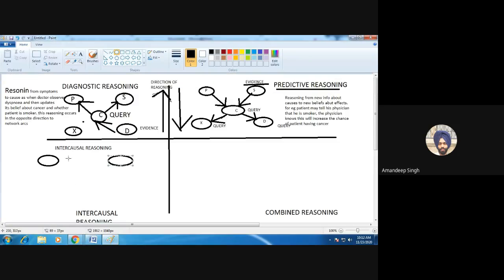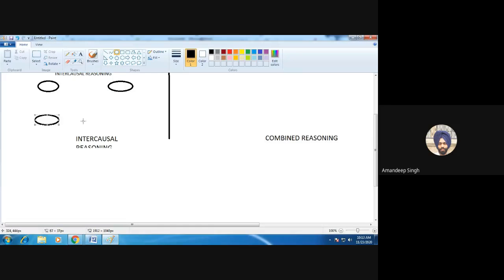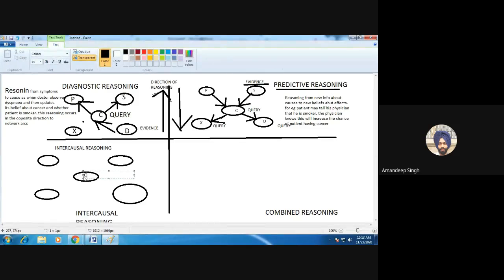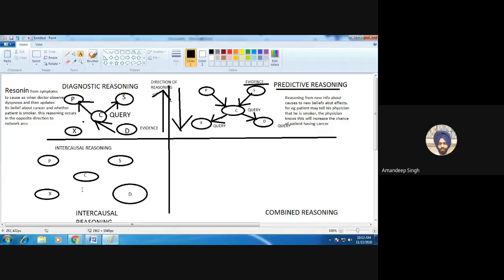The same diagram is there. Now these are the same variables that we have used in the previous scenarios. The diagram remains the same.